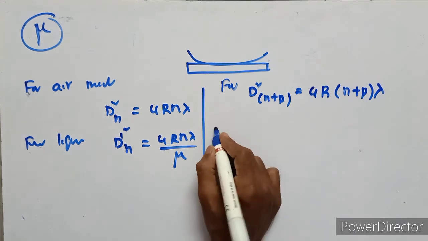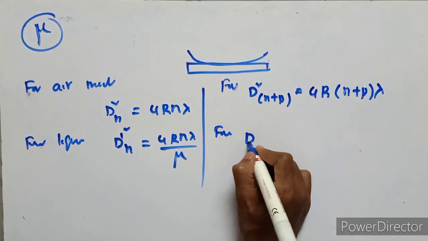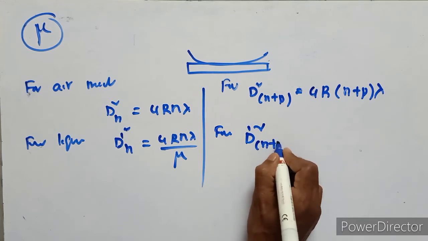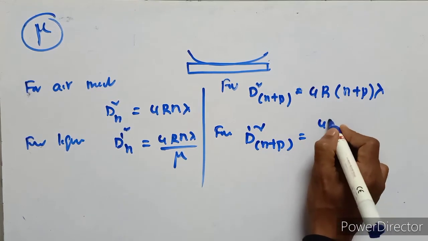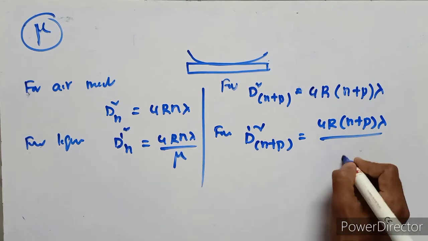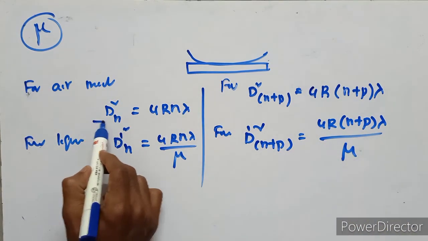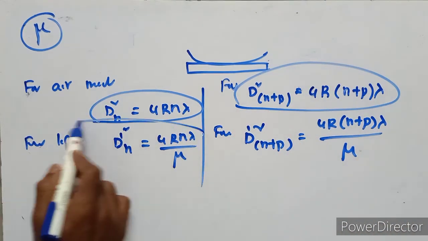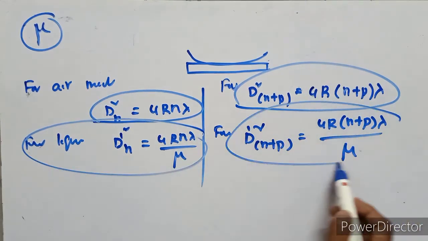For the liquid medium, D'² at n+p = 4R(n+p)λ/μ. These two are for the air medium, and these two are for the liquid medium.